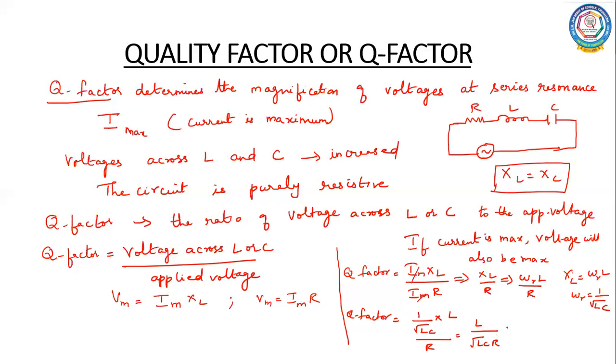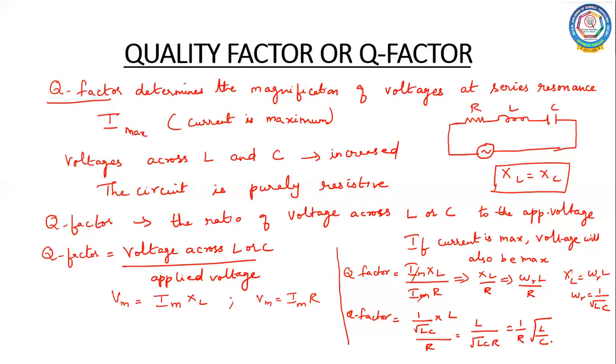So the formula now becomes 1 by R into root of L by C. Okay, so this is the formula for Q factor, which determines the magnification of voltages at series resonance.